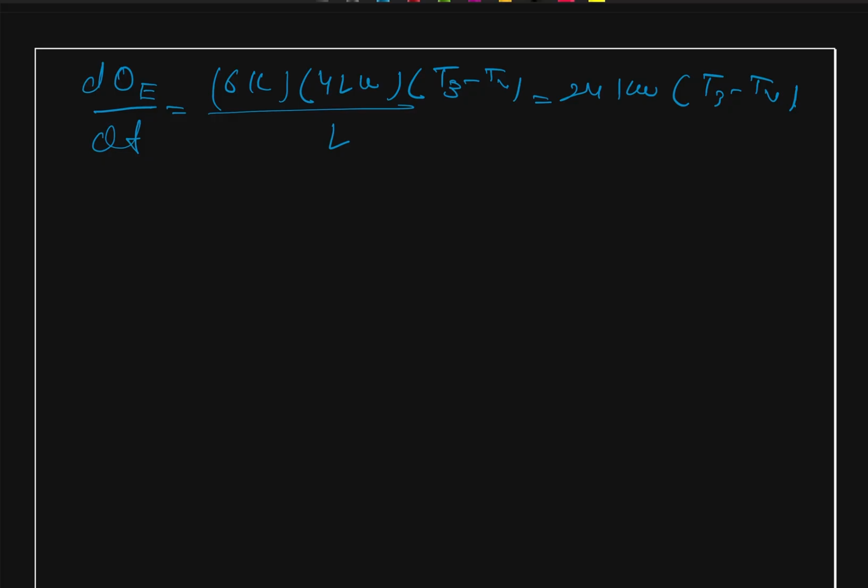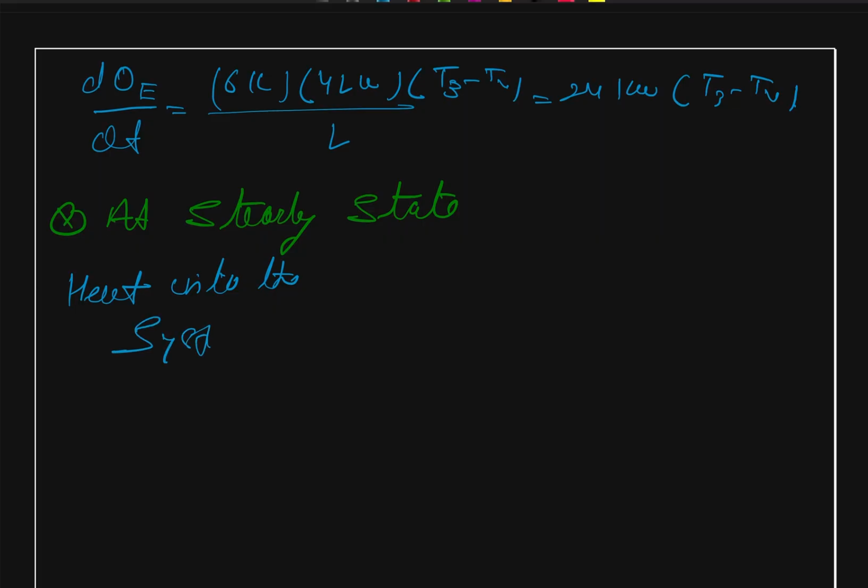And so at steady state, the heat flow into the system is equal to heat out of the system. So you can say at steady state, heat into the system is equal to heat out of the system.